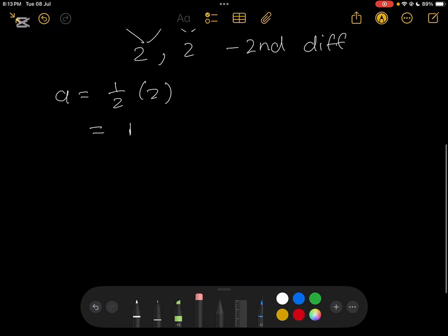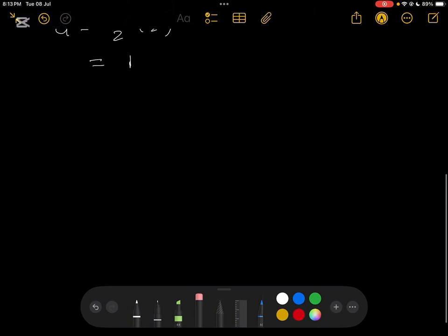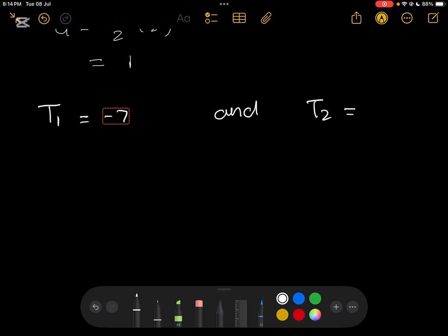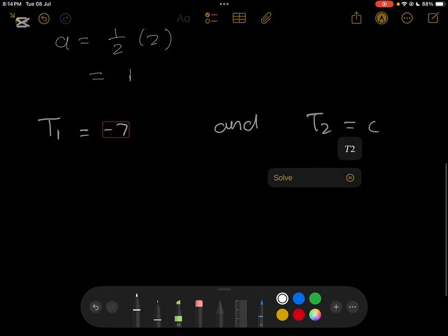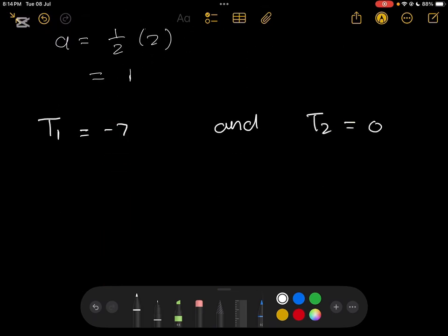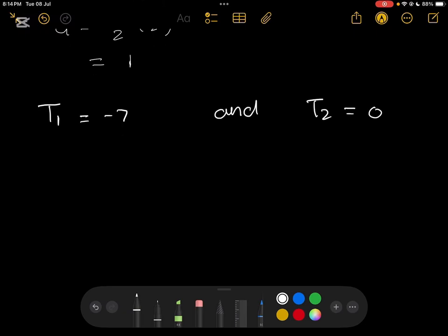Okay, so to get B and C, I will use substitution. We'll substitute the fact that T1 is equal to -7, and we'll use T2, which is equal to 0. For T1 equal to -7, wherever I have n, we'll substitute 1.